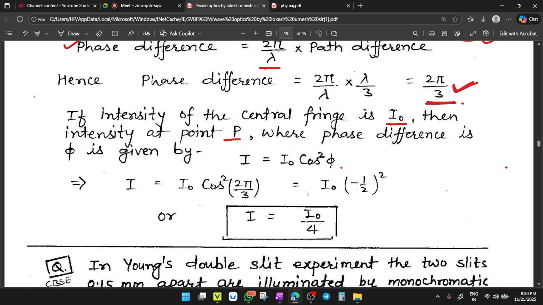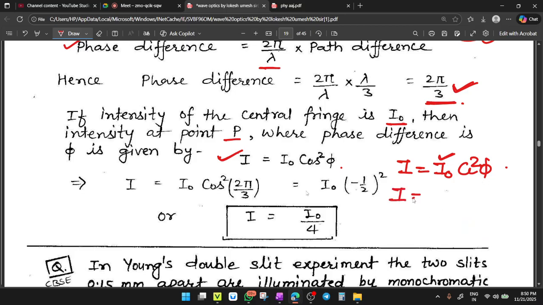Wait. Okay, students. So we get the phase difference equals 2 pi by 3. Now use the formula for intensity for any phase angle: I equals I naught cos square phi. This is the intensity at the central point.